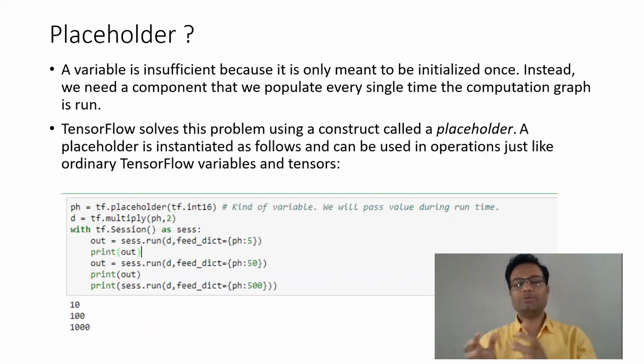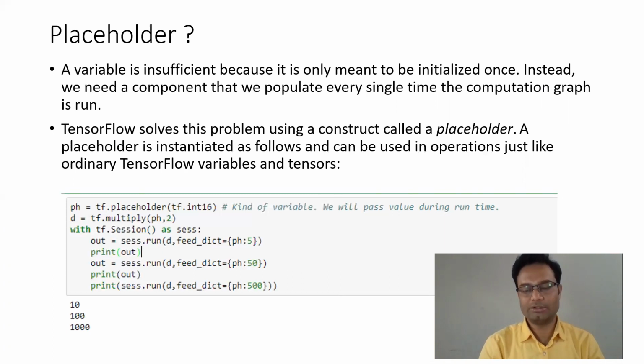Every time you need new data. Suppose you have 10,000 inputs. You will not take all the 10,000 inputs together. What you will do is batch wise. Every batch you will take and do the manipulation. For that batch-wise data, you need some placeholder where we can keep those data. That's where this placeholder is required.